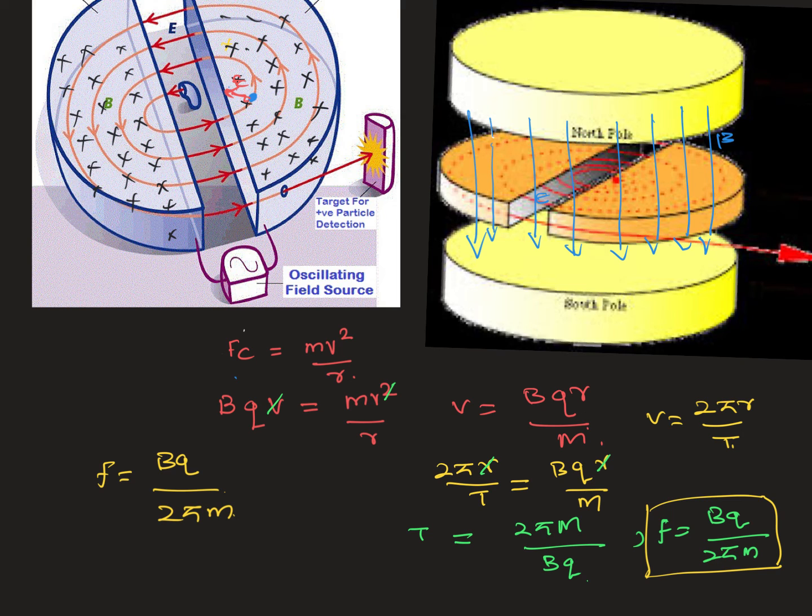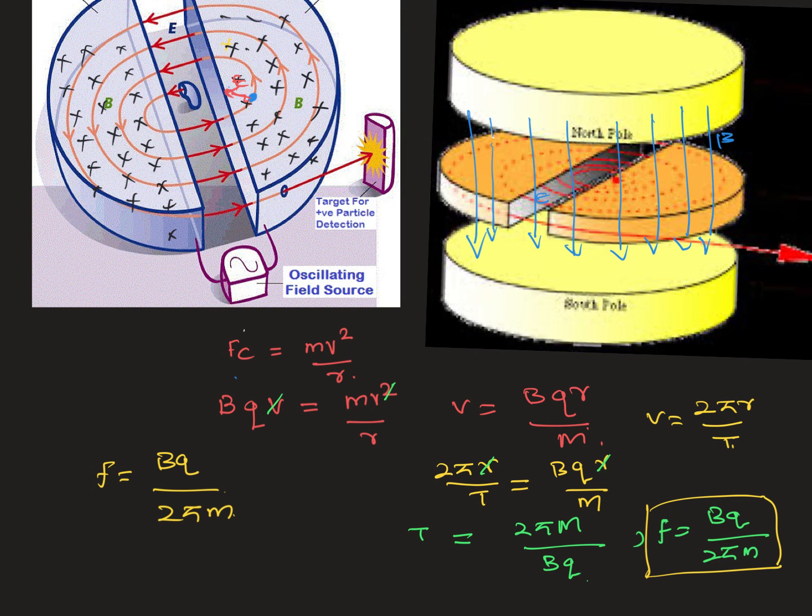So what happens when the mass increases? It's going to affect the frequency, right? That means we should be able to adjust something else to make sure the frequency matches. The cyclotron hasn't got that ability. So we will be looking into a synchrotron, another particle accelerator, where we will be able to adjust the magnetic field to keep the frequency constant.